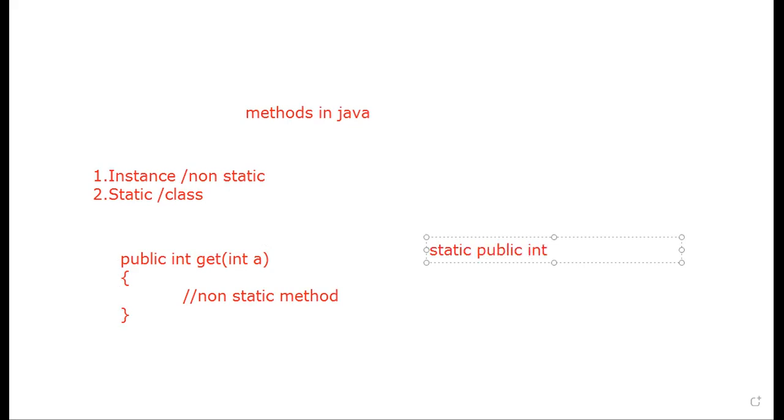Int, method name is do. Here we use any kind of character. See, this is the static function.